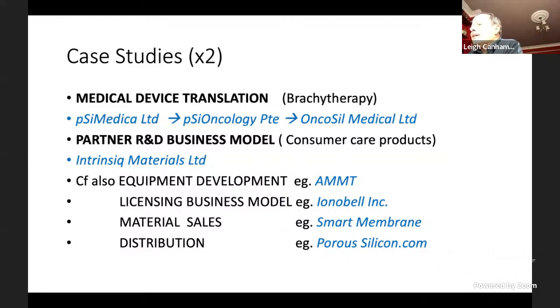Some companies, their business model is straight licensing. They will primarily do early stage research, file patents, and then try to license those patents. And there are other companies that sell material or distribute material.